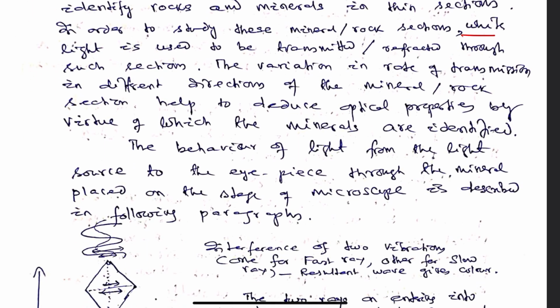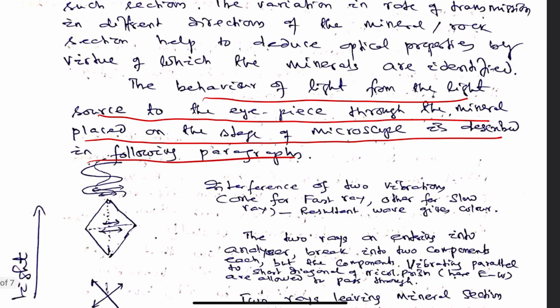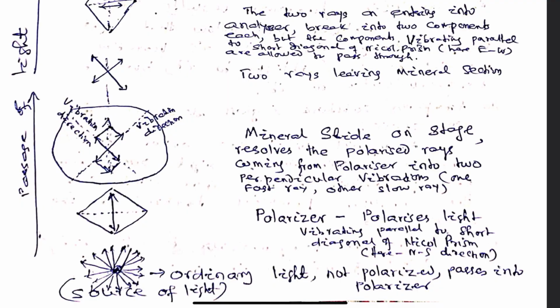So the behavior of light from the light source to the eyepiece, through the mineral placed on the stage of the microscope, is described in the following paragraphs. Now we'll see what happens to the light rays. This is the light source.